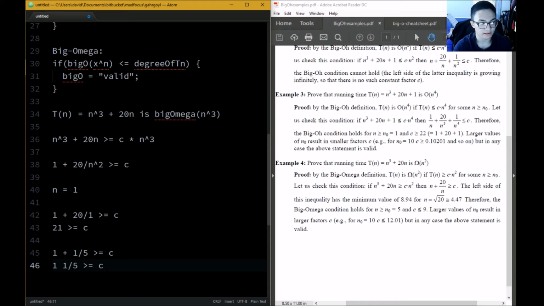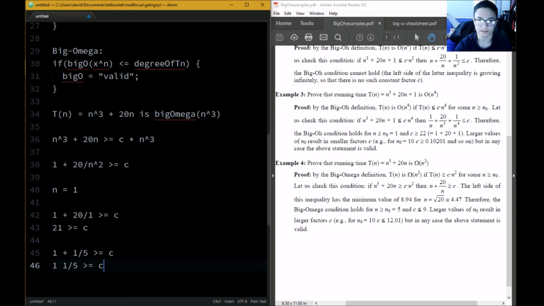So what does that tell us? As n gets bigger with big omega, because it's opposite, you want it to be decreasing to be valid, right? Yes, decreasing. That would make it true.